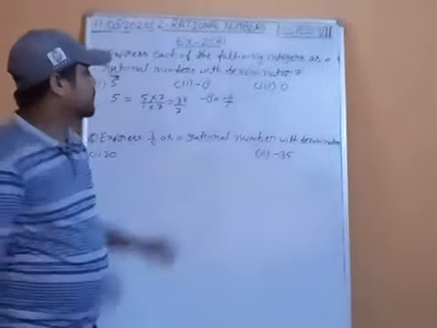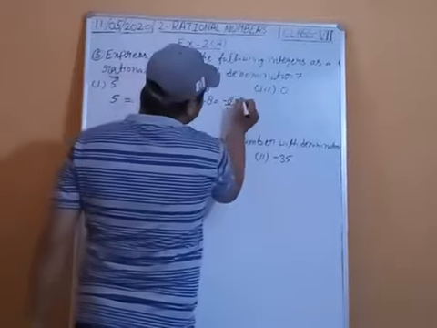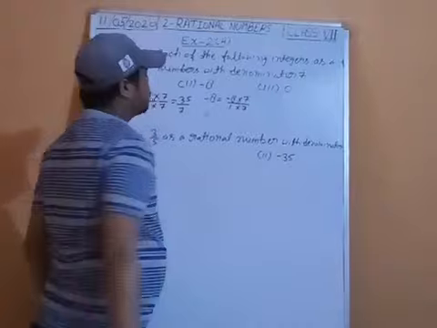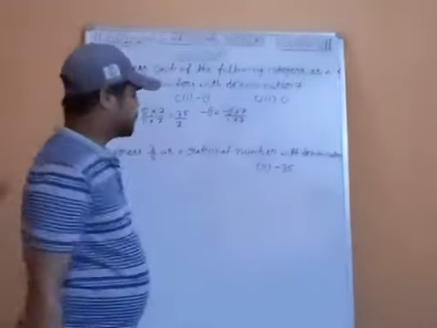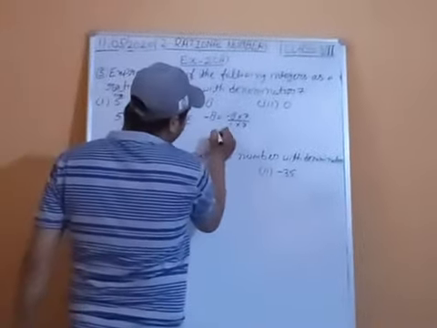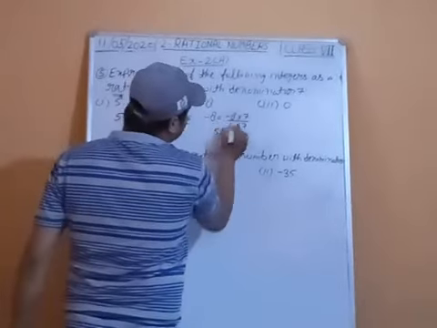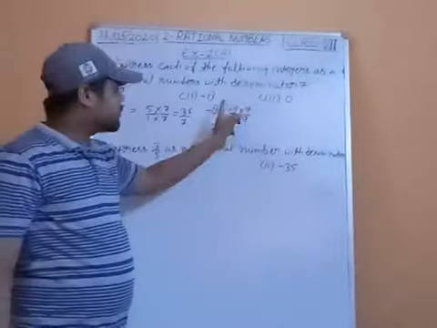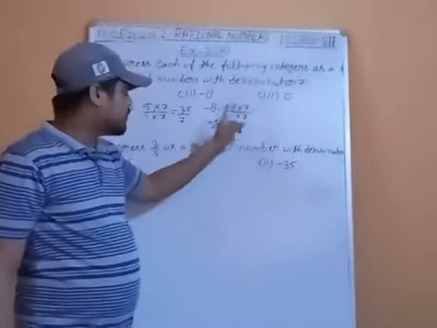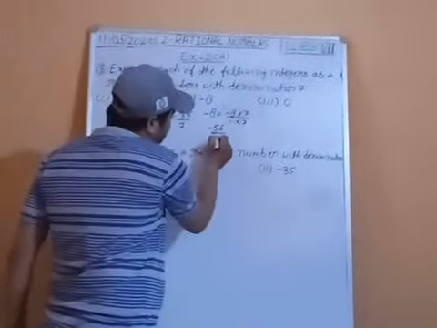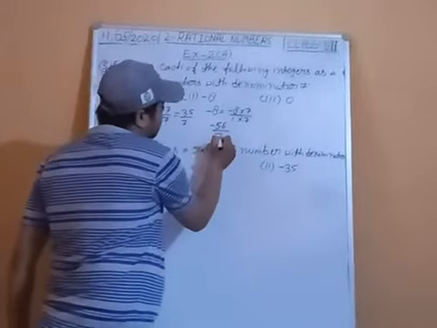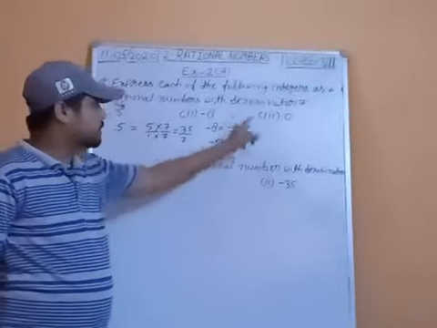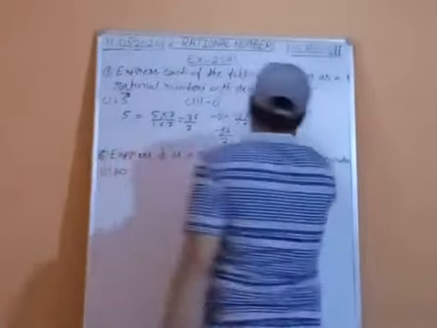Multiply by 7, and in the denominator also multiply by 7. 8 7s are 56, minus plus minus, so minus 56. 7 1s are 7. So you can see the denominator is 7 here: minus 56 upon 7.